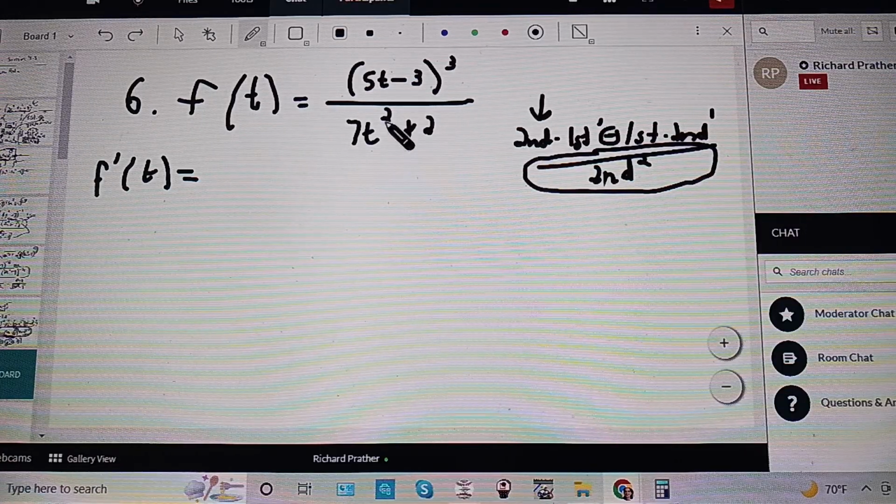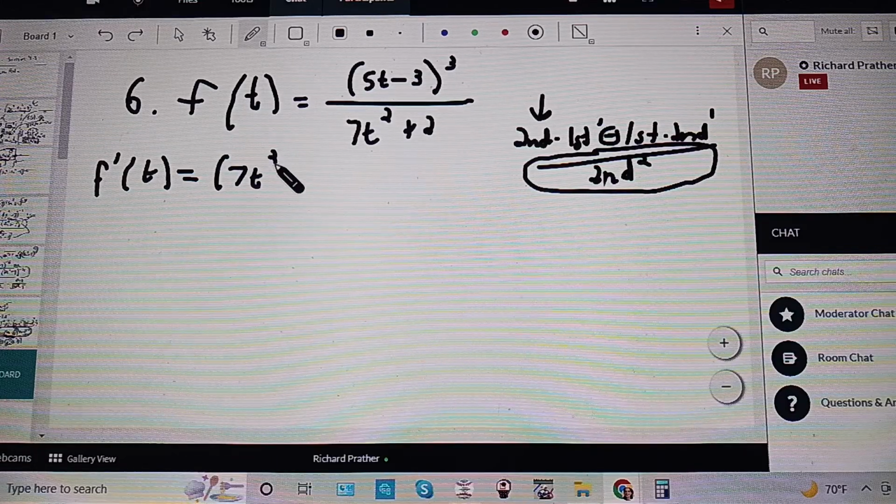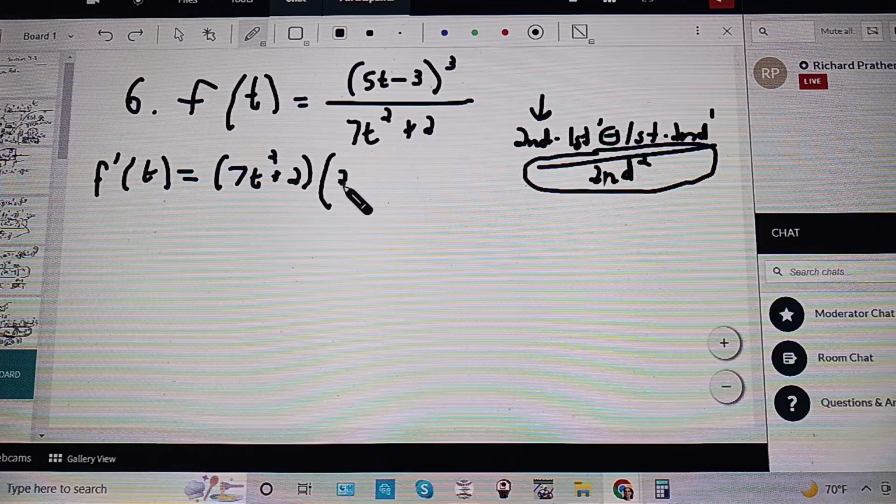Okay, so do your second function exactly like it is. 7t squared plus 2. Then times the derivative of the first, but the derivative of the first is a chain rule. Product rule, it's a power rule with a chain rule. 3 times 1 is 3. Rewrite the base.